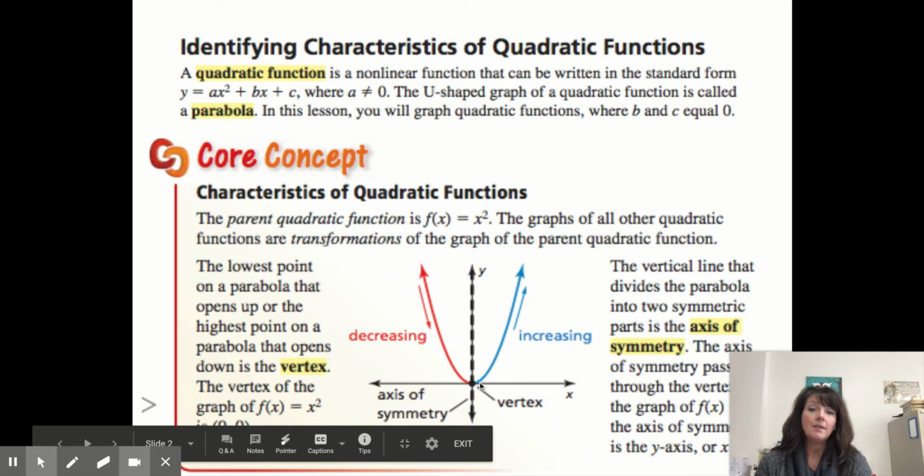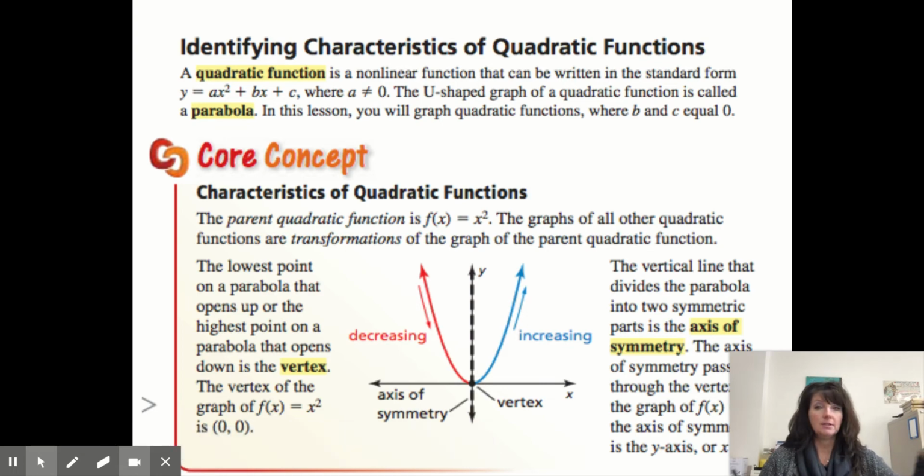And when x is greater than 0, as x is increasing, y is increasing. So we're just going to be describing those kinds of information. And I believe this is on page 247, all of this, so you don't have to write it down. You'll have it in your book.